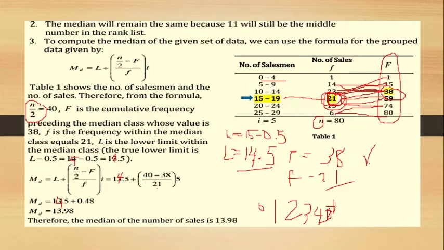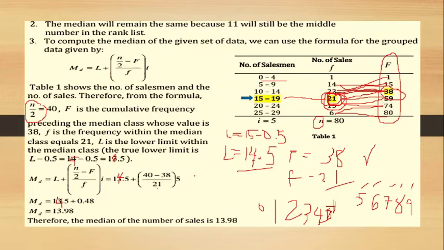How about 5 to 9? 5, 6, 7, 8, 9. That is 5 as well. So, for all of these, the interval is 5.